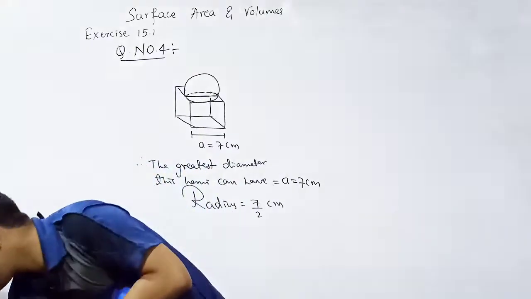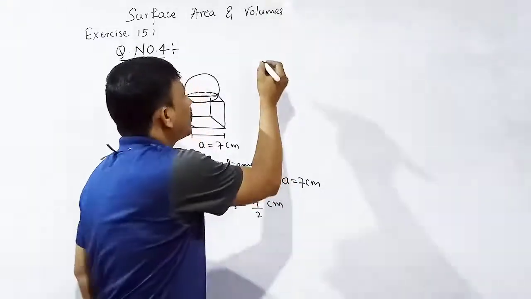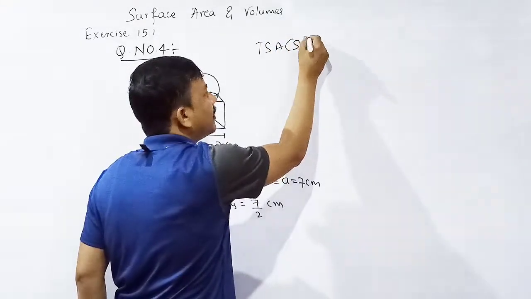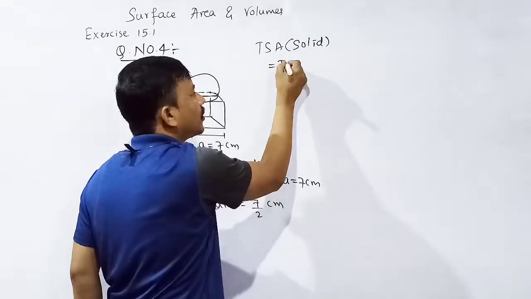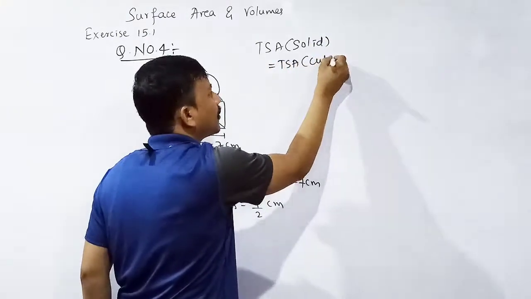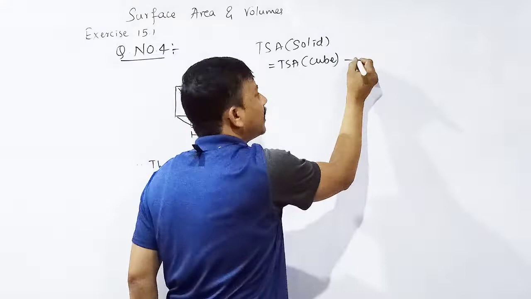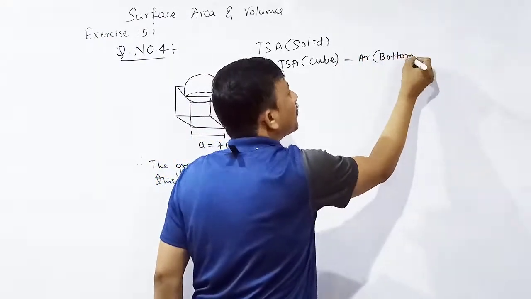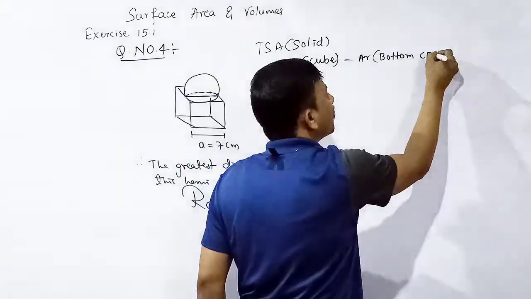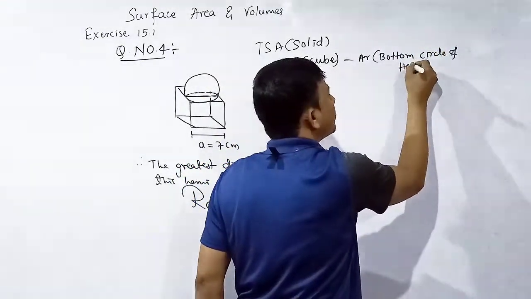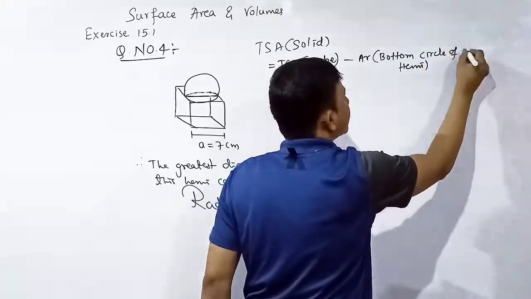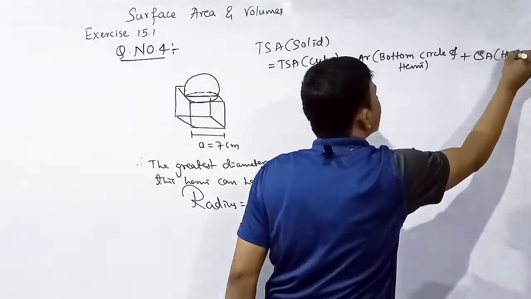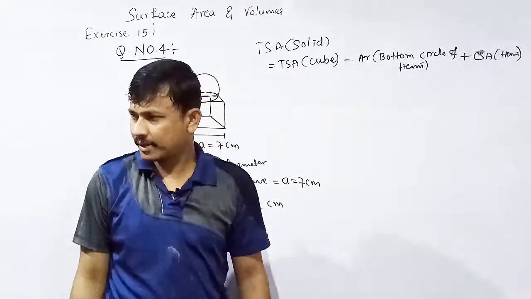Yes or no? Okay, what is the total surface area here? Total surface area of solid is equal to total surface area of cube minus area of bottom circle of hemisphere plus CSA of hemisphere, correct?